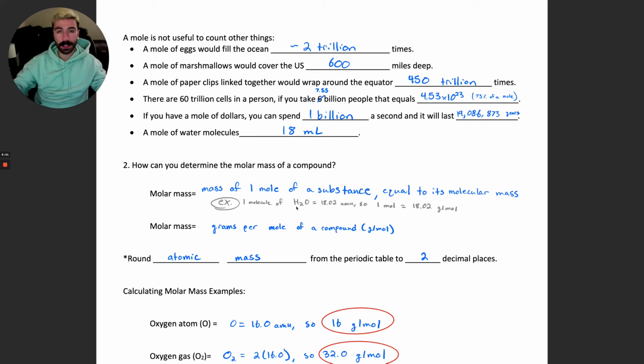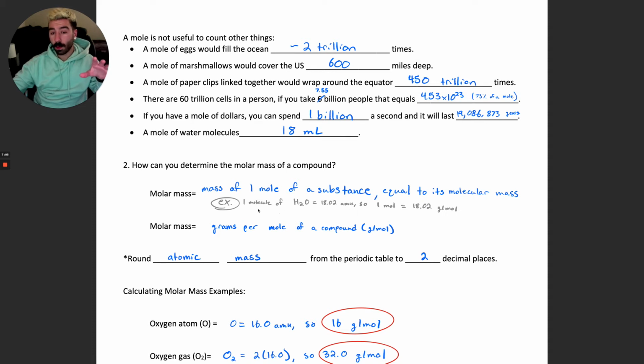We talked about that back in Unit 3 when we looked at average atomic mass and why they're not whole numbers and isotopes and things like that. So if you added 2 hydrogen atoms, each at 1.01, and oxygen here as 16.0 or 15.999, 1 molecule of water weighs 18.02 AMUs. We'll explain more of that in a second.